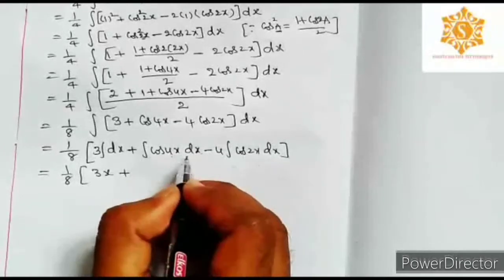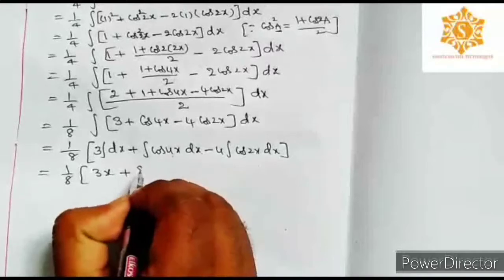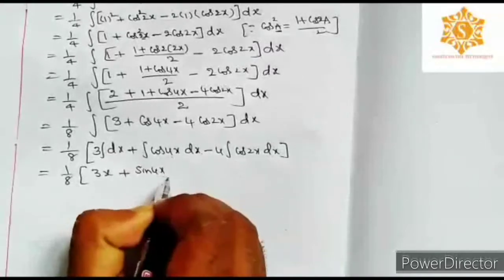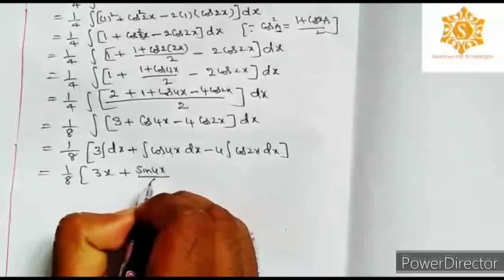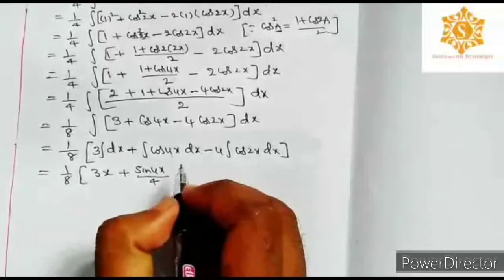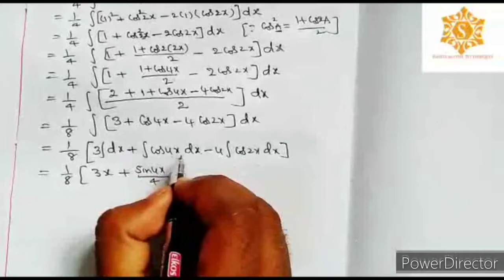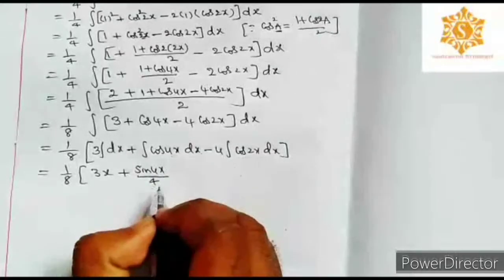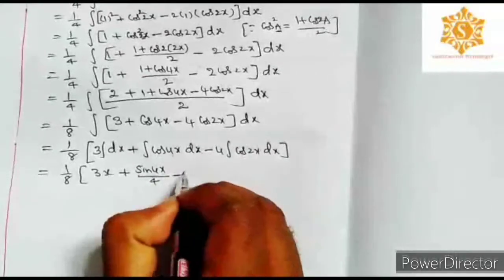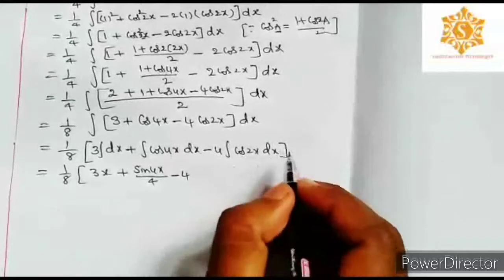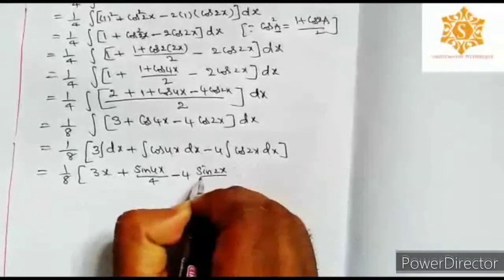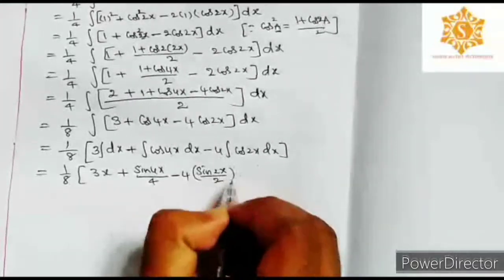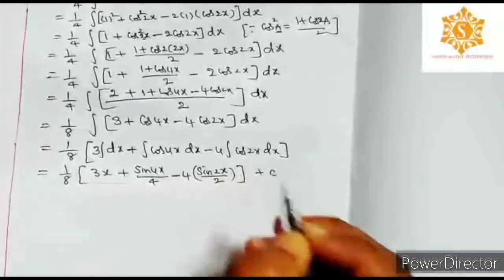So integration of cos 4x dx value is sin 4x, but here we have 4 as the x coefficient, then we write it in the denominator. Then integration of cos 4x dx value is sin 4x by 4 minus 4 into integration of cos 2x dx, value is sin 2x by x coefficient, that is 2, plus c.